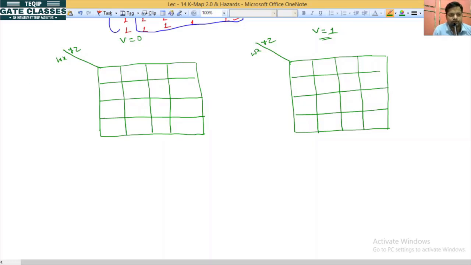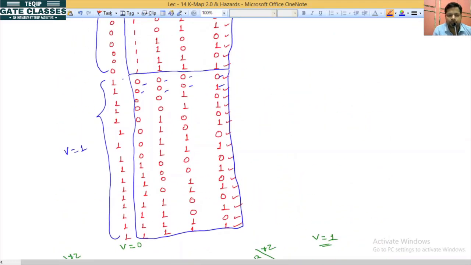Now suppose I write the decimal numbers: 0 1 2 3 4 5 6 7 8 9 10 11 12 13 14 15. For v equal to 1 it starts from 16. So if you go here, what is the decimal value for this? It will be 16.